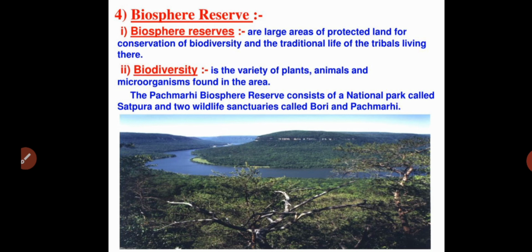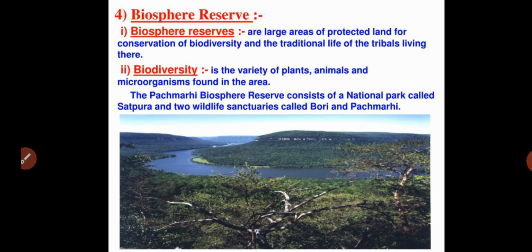A very important biodiversity area is Pachmarhi Biosphere Reserve, present in Madhya Pradesh, and commonly called the Queen of Satpura or Satpura ki Rani.